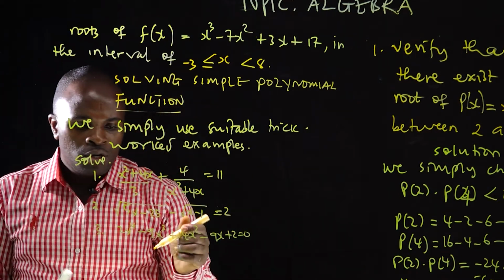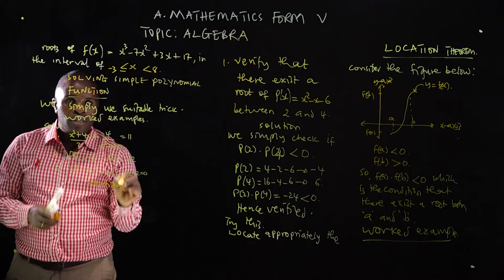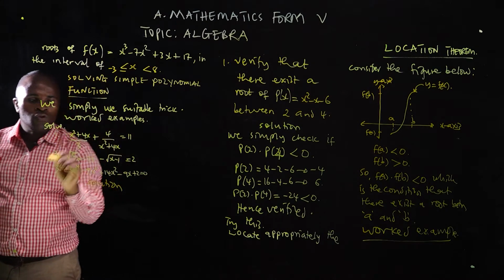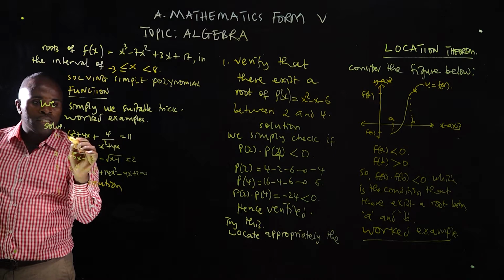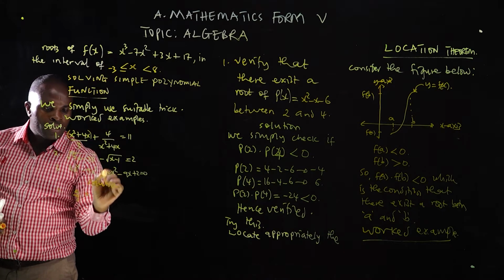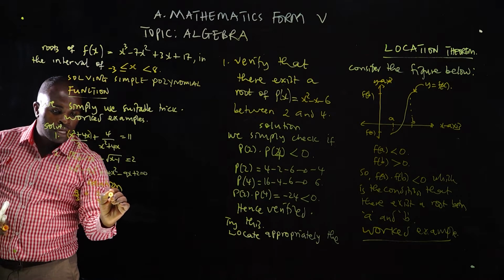For example, looking at question number 1. To solve this one, you can just let this part be a over 3, and they become 4 over a again, equals 11.